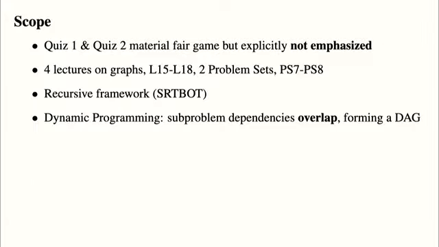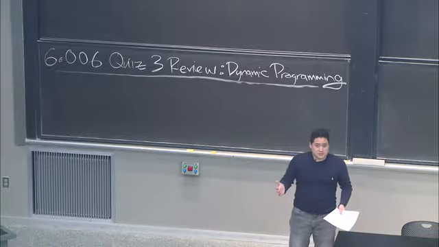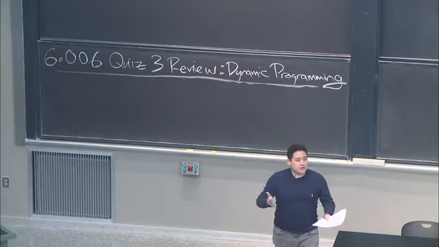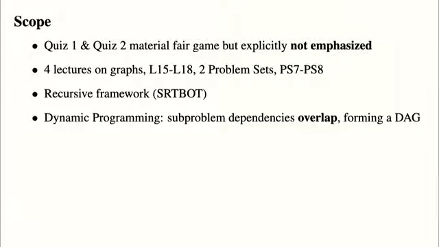And the basic idea here is the recursive framework SRT BOT that we established is good for any recursive algorithm, but in the special case where subproblems may be used more than once, may be used when computing other subproblems, then we get this really nice speed up by recognizing that we don't have to do that work more than once.